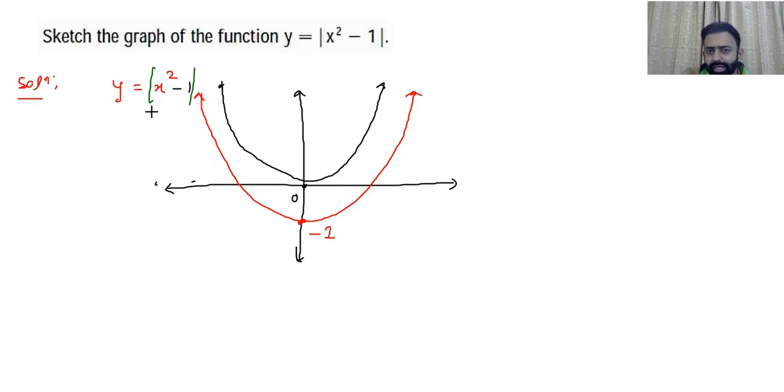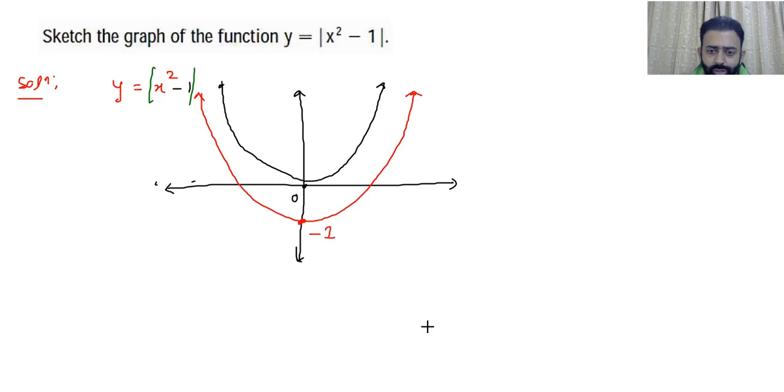Graphically, the graph which is lying below the x-axis comes above the x-axis. That is the meaning of modulus. Otherwise, for other values where the graph is positive, it will remain positive. So the function of the modulus is to make negative into positive.